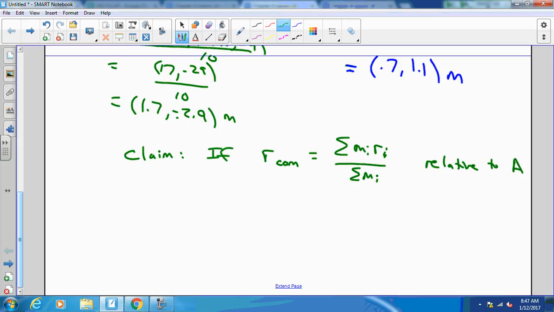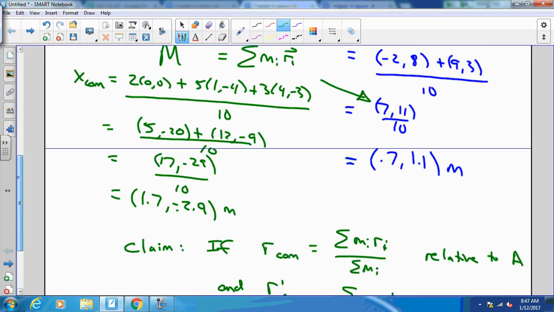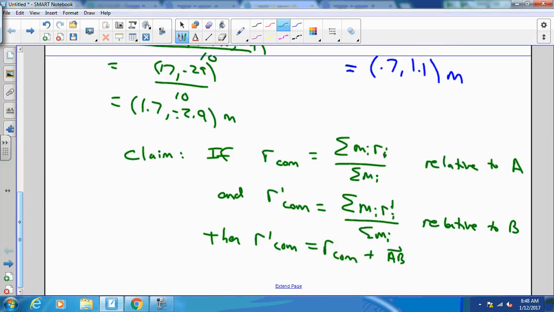Relative to A, and relative to B, then my claim is that R prime is simply equal to R plus the vector that gets me from A to B. Wait, let me make sure I did it right. The vector that gets me from B to A.